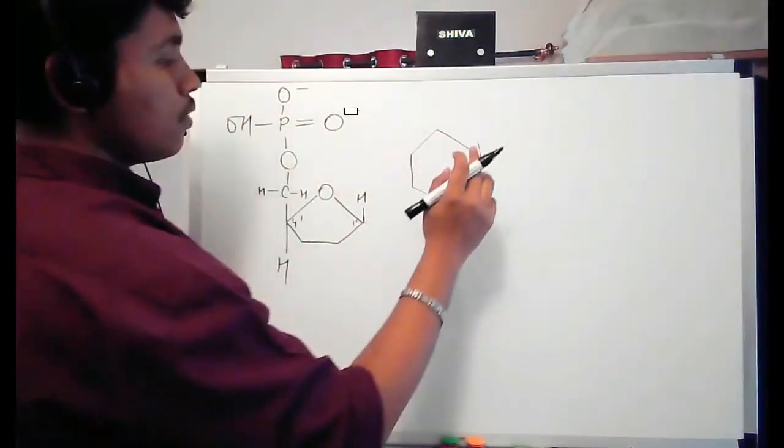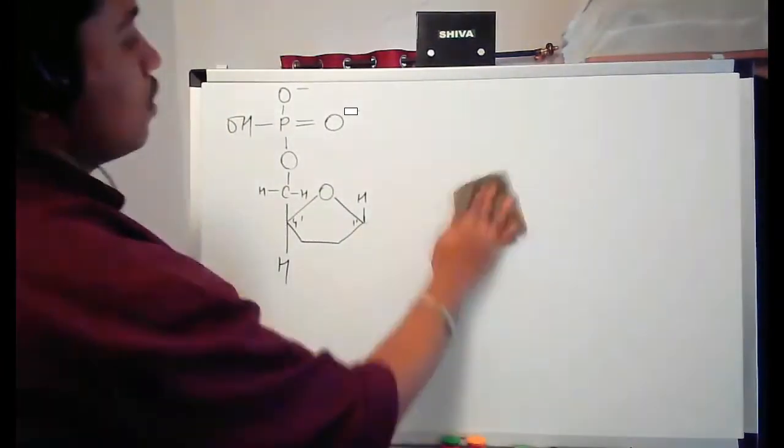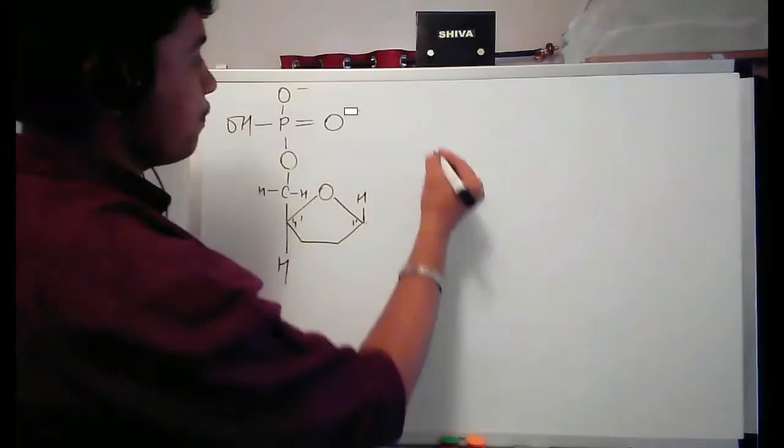This is my cytidine. N over here. Let's draw a better diagram. This one is looking a bit dirty.